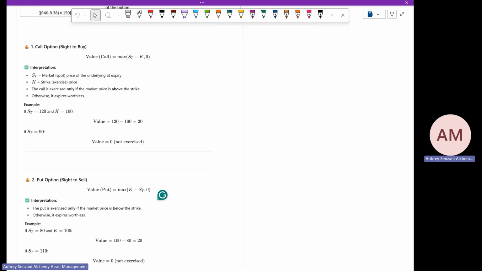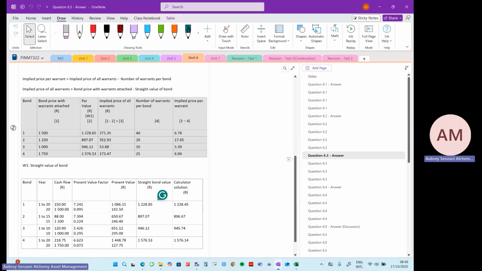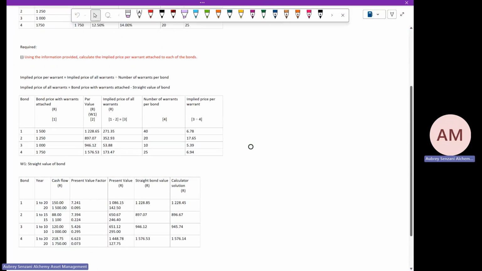In other words, your strike minus your spot price: the price we can exercise at minus the market price. On your call option, you've got your market price minus the exercise price, or the strike, should I say. Okay, so that's fine. That is your 6.2.